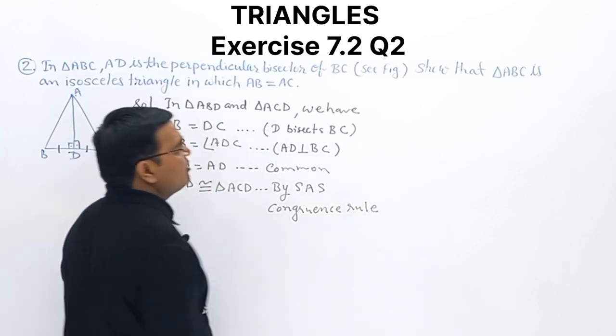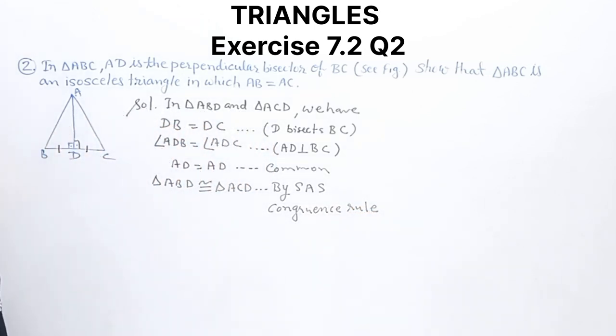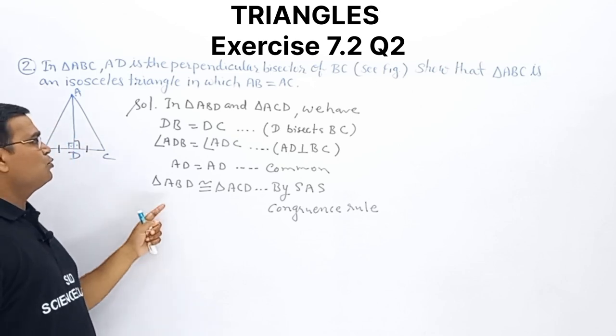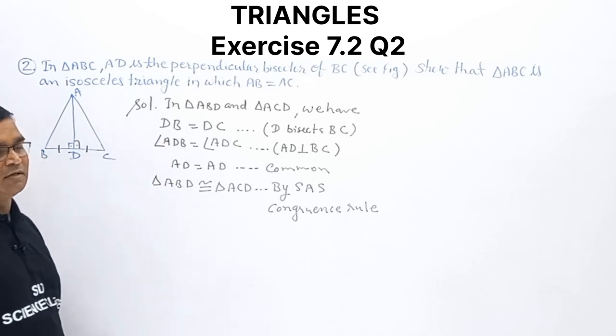From the side angle side congruence rule, we can say these two triangles are congruent, ABD congruent to ACD. Why? Because this side is common in both, this one equals this one, and this angle equals this angle. So by the side angle side congruence rule, these two triangles are congruent.